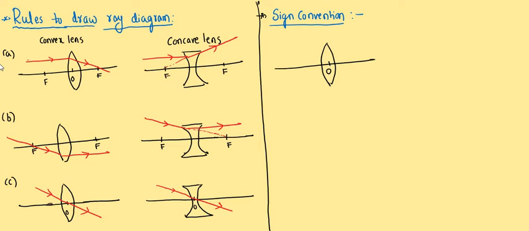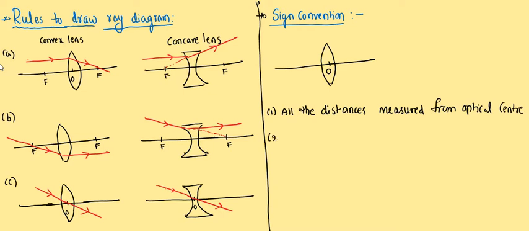That is the first point. And the second point is that the distances are measured in the direction of the light.